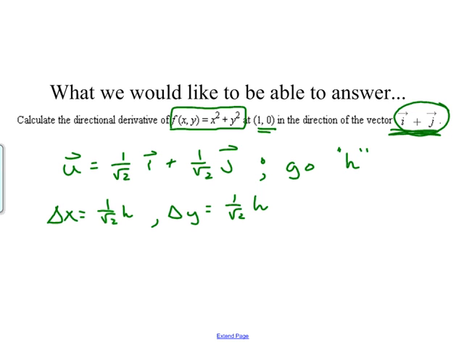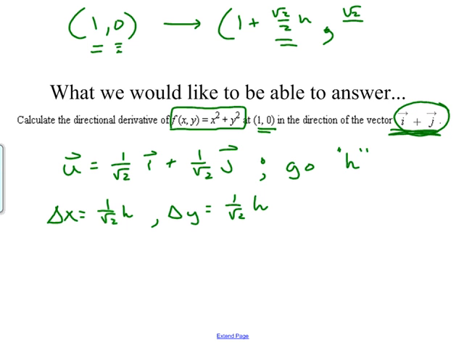While my original point was (1, 0), my new point is going to be 1 plus root 2 over 2 h. The 1 comes from my original x, and that's my change in x. And for my new y value, I was at 0, and I'm adding root 2 over 2 h.